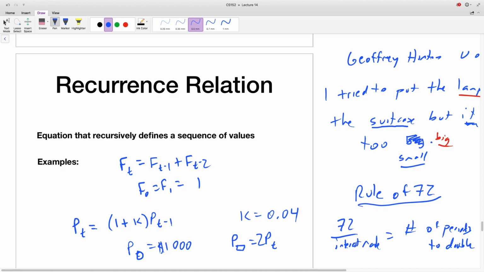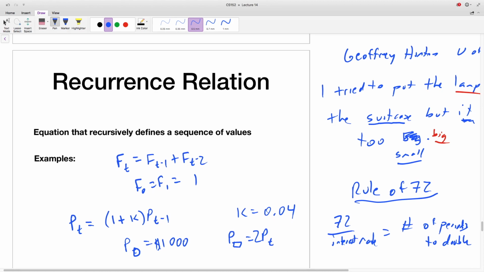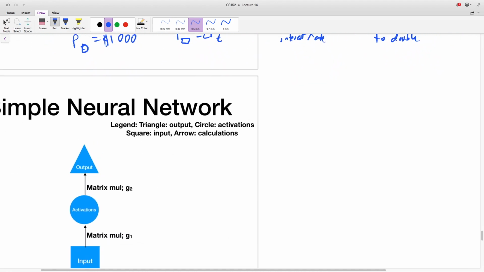All right, let's just look at an example of the rule of 72. While we're here, we will come back to our recurrences in a moment. Berkshire Hathaway stock: in 92, it was around $18,000 per share, which seemed like a lot. In 2018, it's about $300,000 per share.